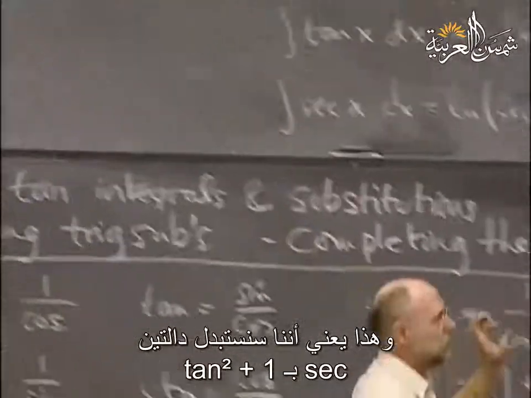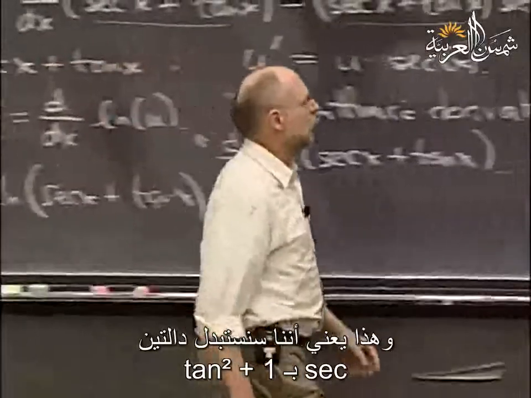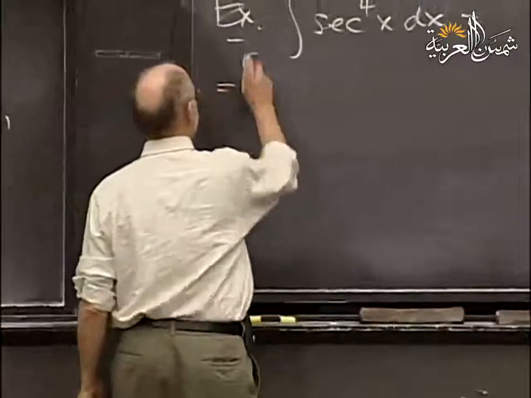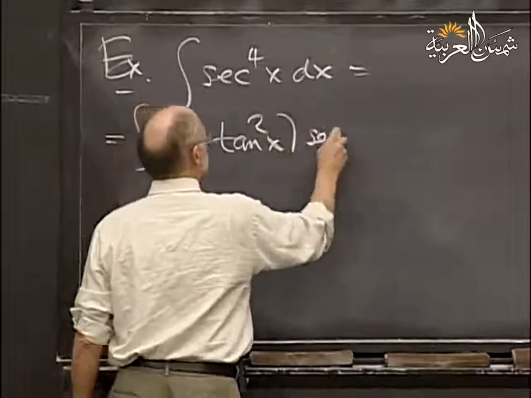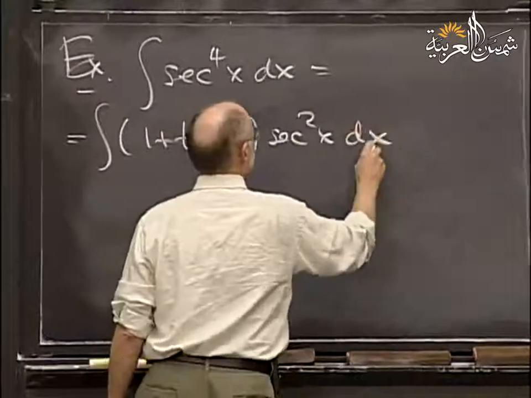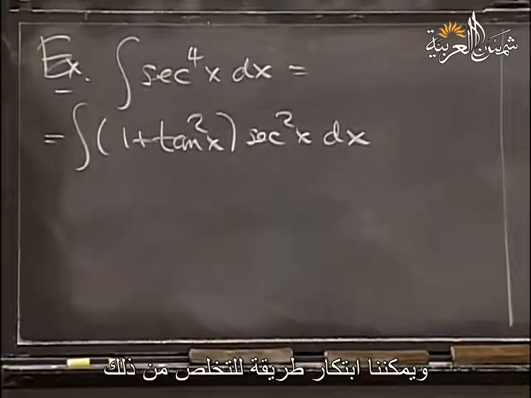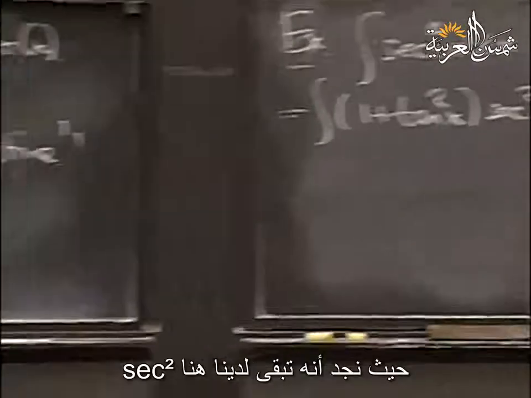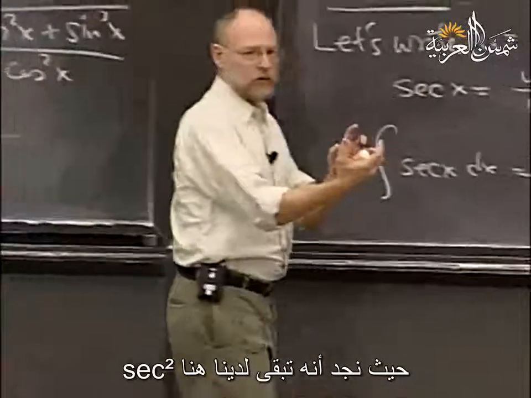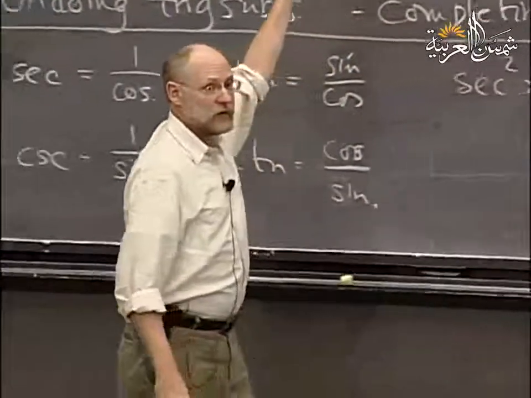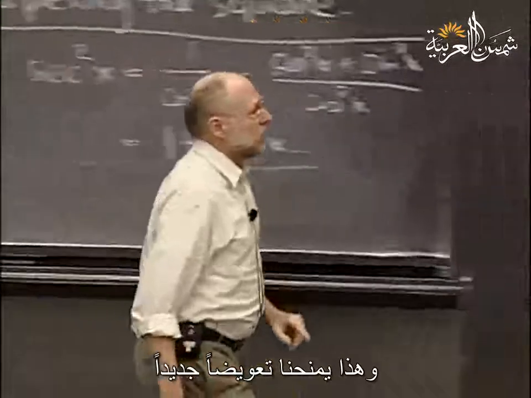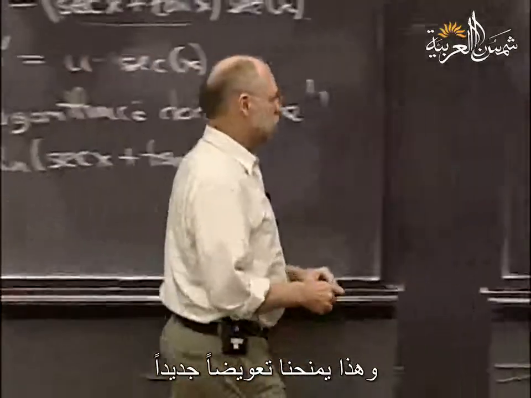So I'm going to replace 2 of those secants by 1 plus tangent squared. That leaves me with 2 left over. Now, there was method to my madness, because I've got a secant squared left over there, and secant squared is the derivative of tangent.